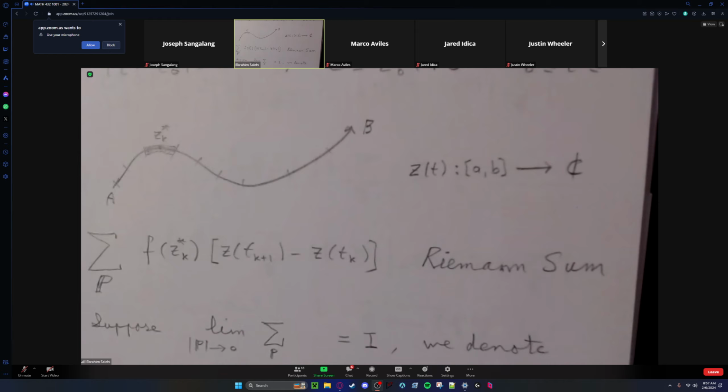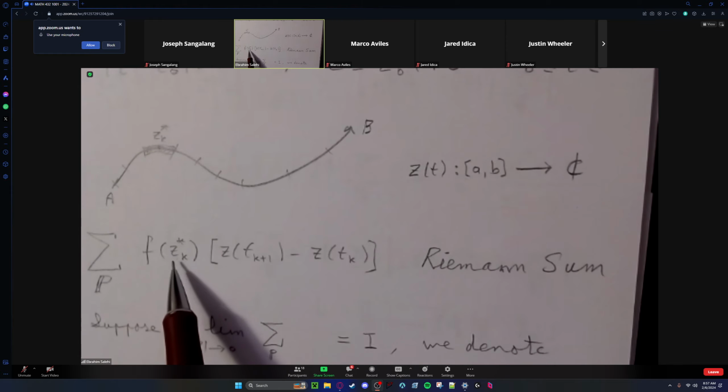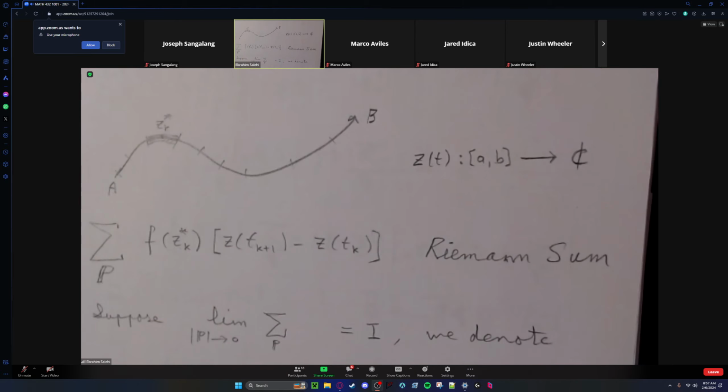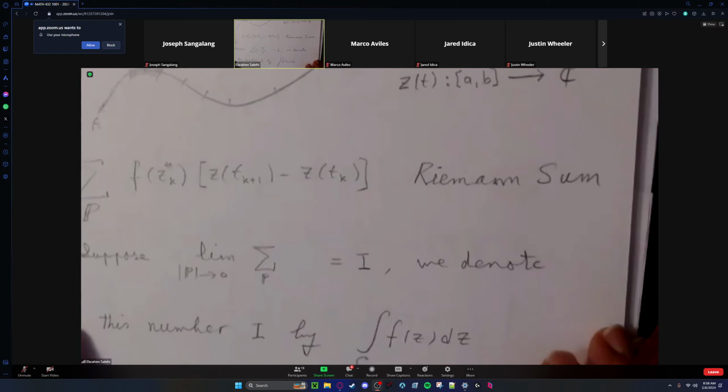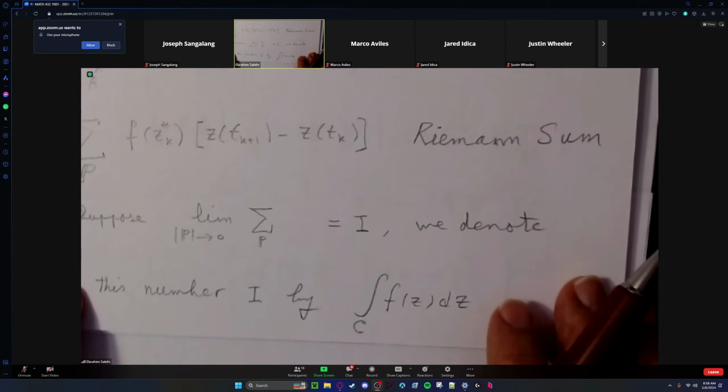So the question is, what if the function that we are going to integrate, this one, on this curve is bounded? The modulus of the function, let's say, is bounded, okay? If the function is bounded on the curve, how big is the modulus of this complex number going to be?